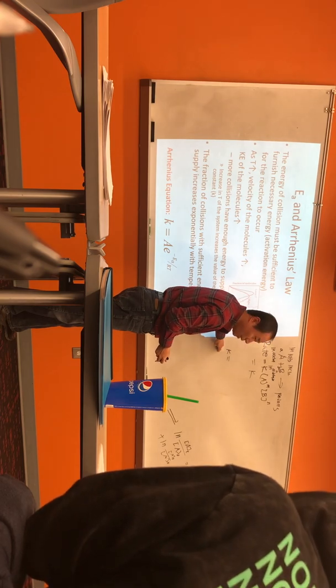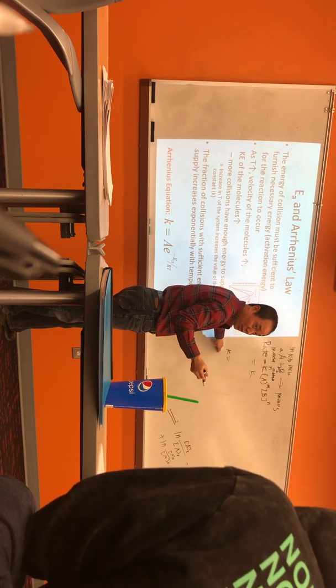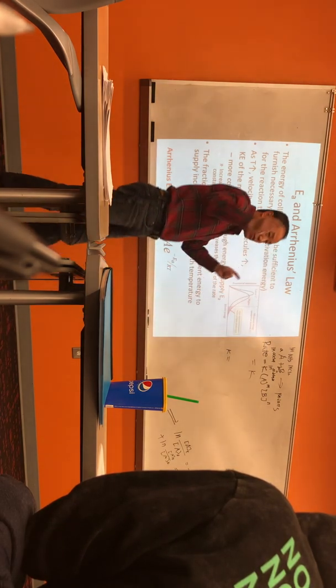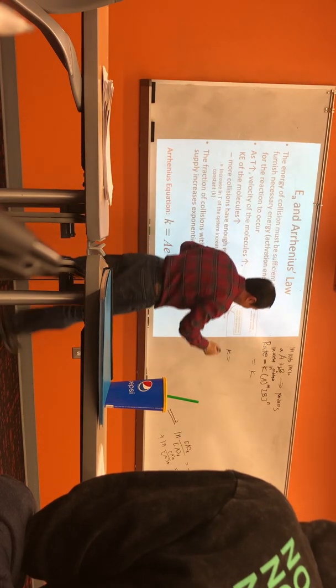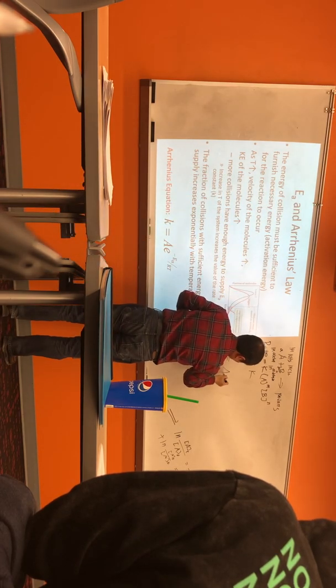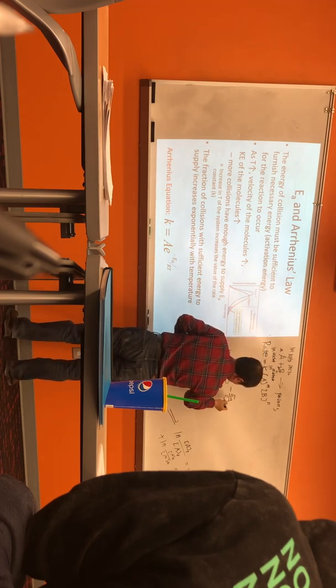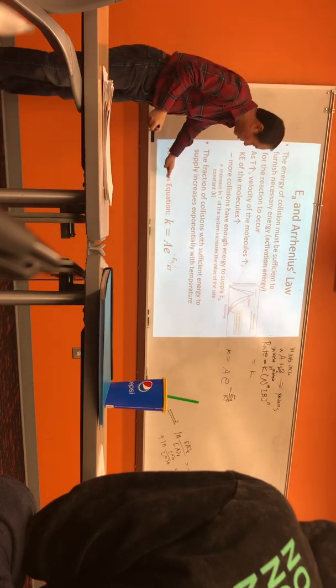And if they approach with higher energy than the activation energy, it will be fast. So taking all those factors into account, Arrhenius came up with an ideal equation just like this. This is what we call the Arrhenius equation.